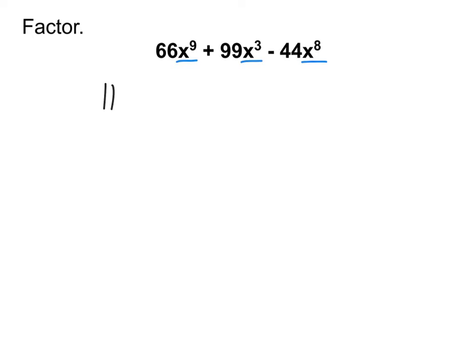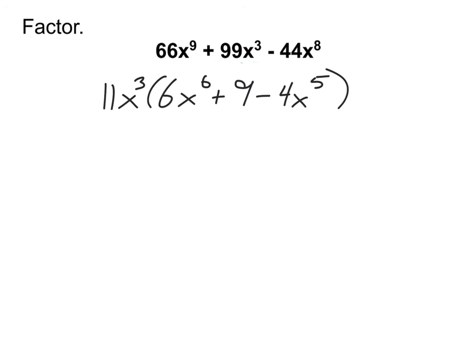Basically, just because I'm trying to keep you on your toes. All right, so then I'm going to pull out 11x cubed. And yes, you could do this in 2 separate lines, or you can do it all in one line. All right, so that's going to give me 6x to the 6th plus 9 minus 4x to the 5th. And that's it. That's done.